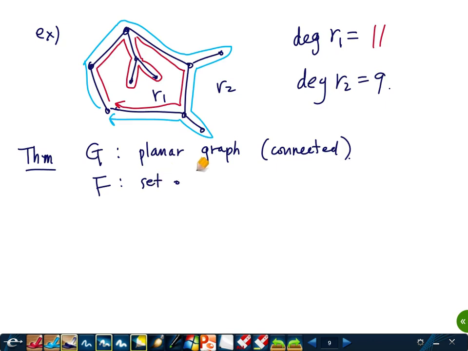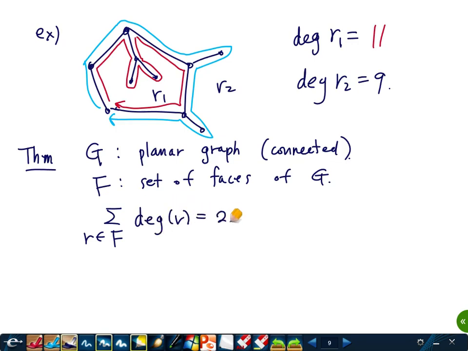F is the set of faces of G. Then the sum of the degrees of the regions R in F, degree of R, equals 2 times E, where E is the number of edges.